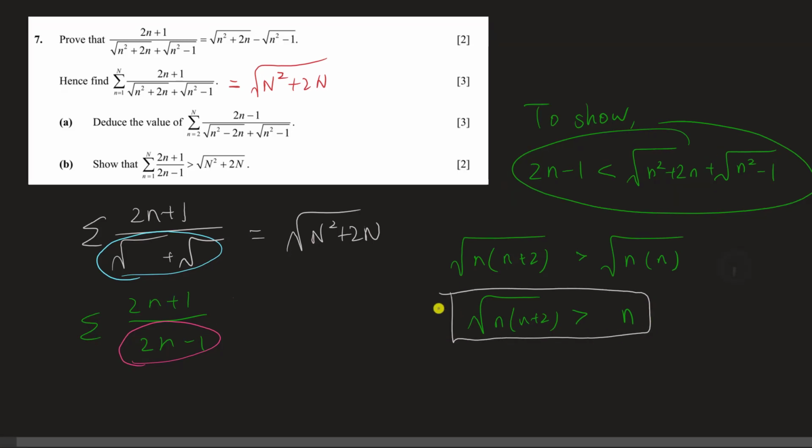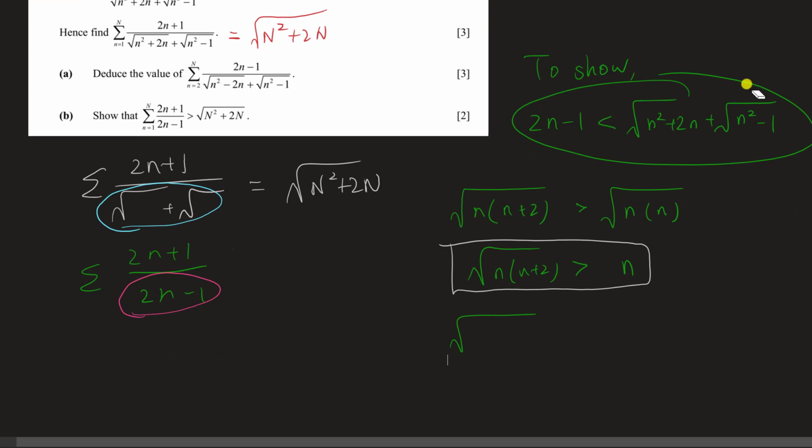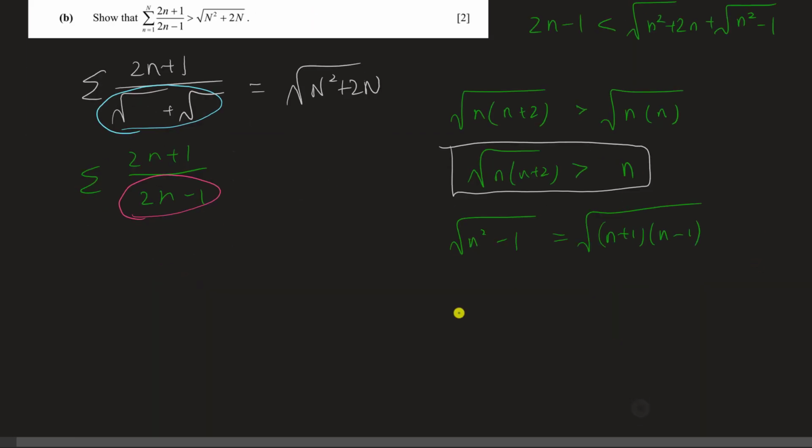For part 2 of my proof, I will need to take a look at the second half of this expression, n squared minus 1. If we were to factorize it, we can write it as n plus 1 times n minus 1. Do you agree that root of n plus 1 times n minus 1 is greater than root of n minus 1 times n minus 1?